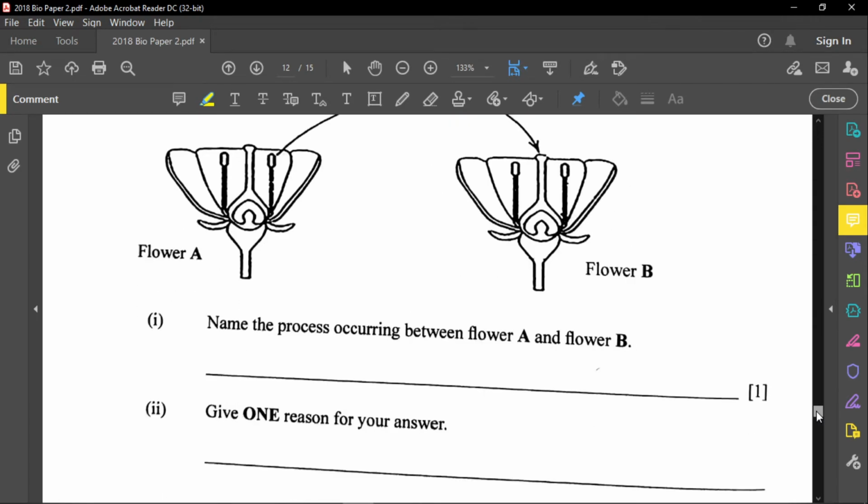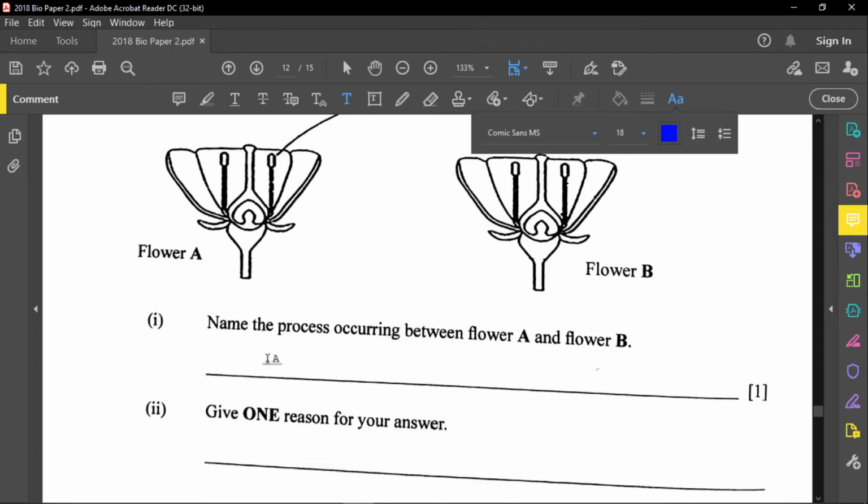Name the process occurring between flower A and flower B. What process is taking place between these 2 flowers? Pollination is taking place, but specifically it is cross-pollination, because they are 2 different plants of the same species. So it is pollination, but cross-pollination, not self-pollination.